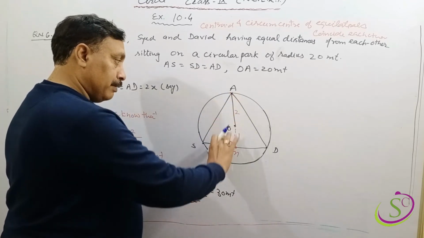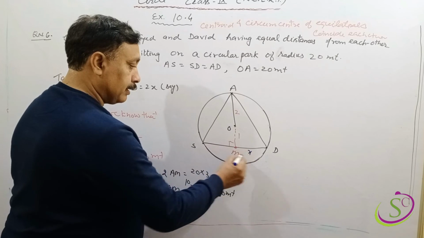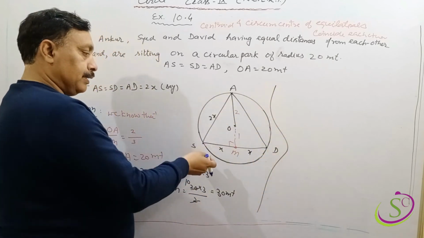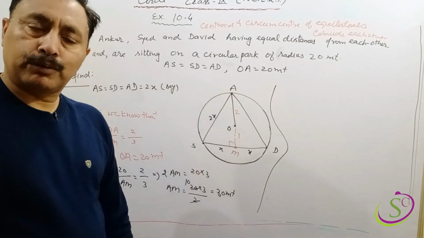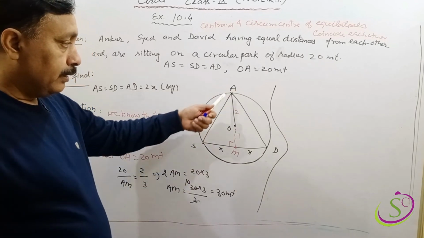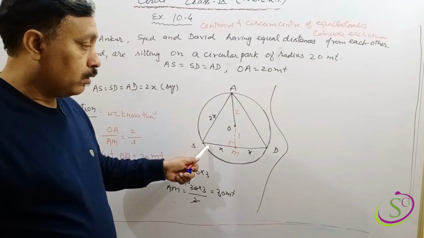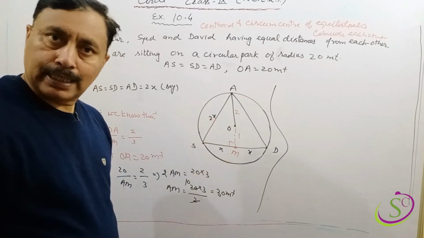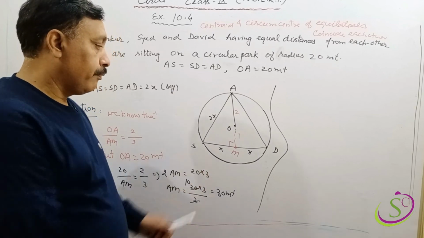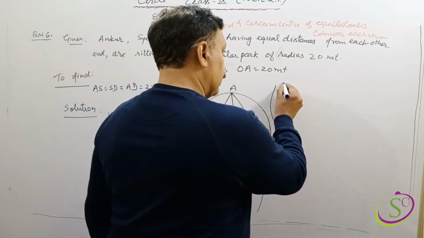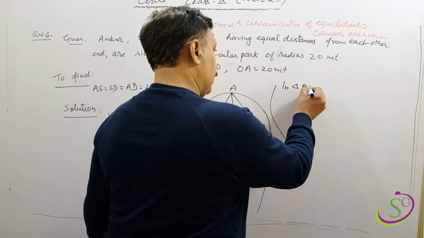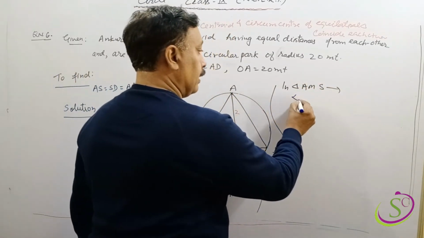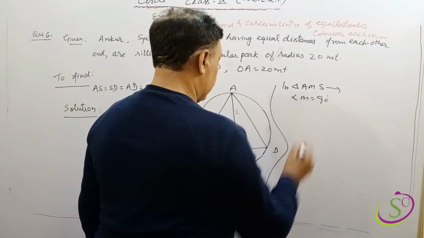Means AM is 30, and this is x and this is x, and that is 2x because AS equal to SD equal to AD, suppose 2x. And the perpendicular to one side from the vertex of the equilateral triangle bisects the base. So means this x and this x. So in triangle AMS, angle M is of 90 degree.